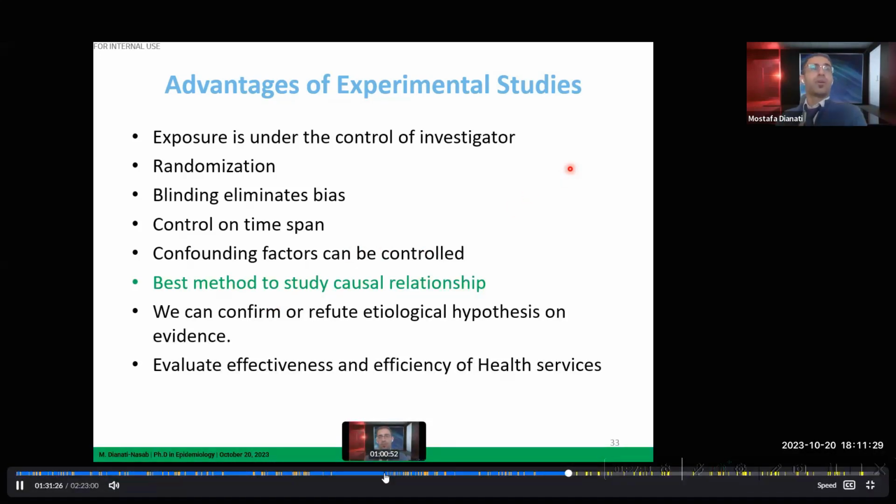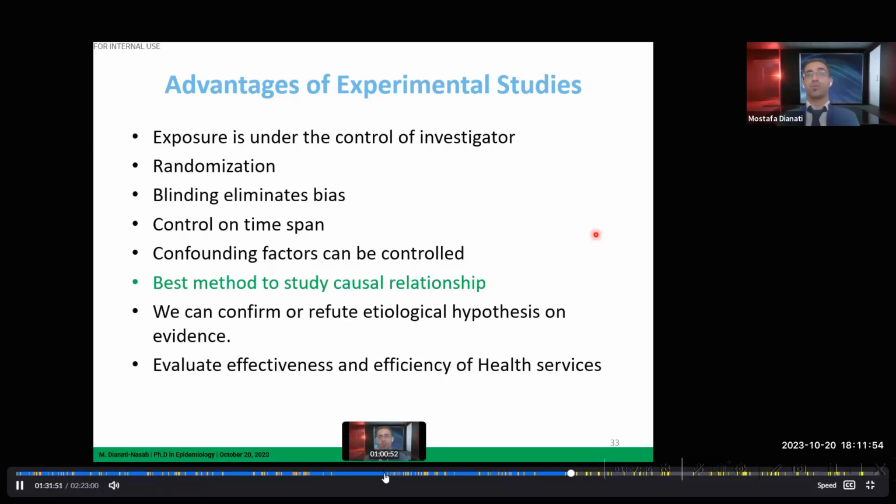And when you are going to confirm or refute an etiological hypothesis based on evidence, for example, you found that higher intake of beta carotene is associated with lower risk of heart disease. Yeah, we found this one in a case control study, in a cohort study, and then we can try this one in an experimental study.